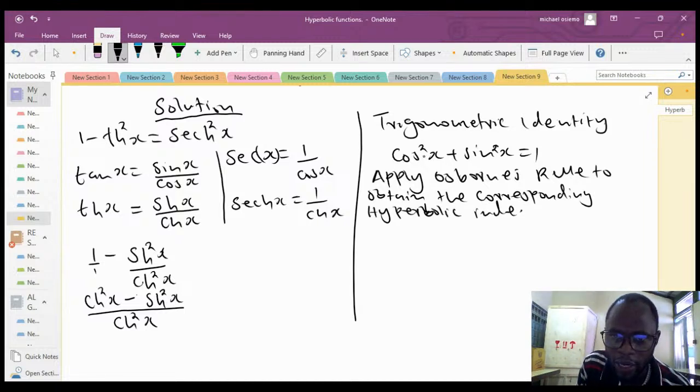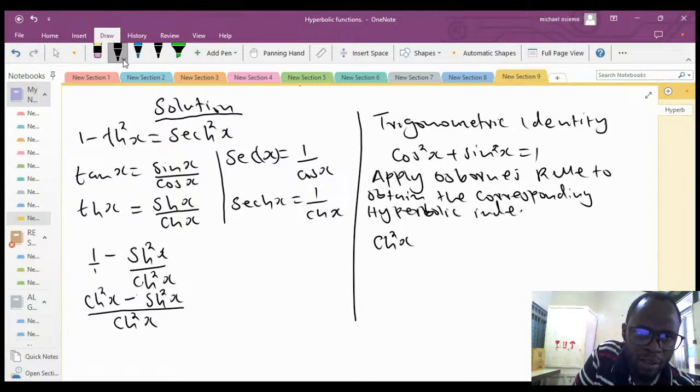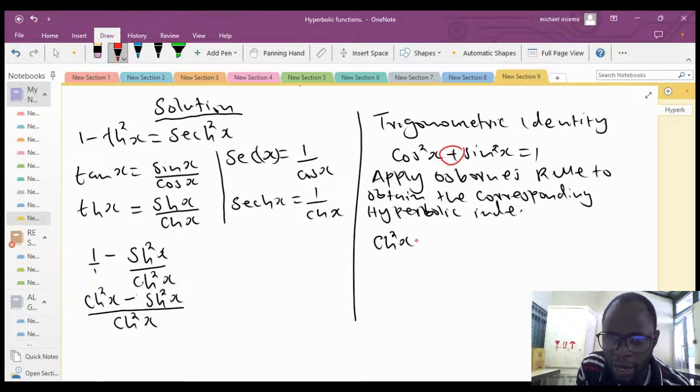Cos squared will remain ch squared of x. But for sine squared of x, wherever we have the product of sines, the sign is going to change. In this case, we have a positive sign here. From Osborn's rule, this positive is going to change to negative. So it will be ch squared of x minus sinh squared of x is equal to 1.